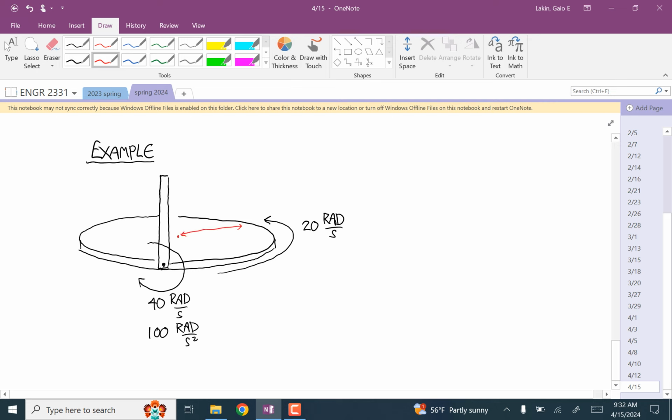So let's say this is 0.01 meters, and this is 0.02 meters. And we want to calculate the acceleration of this point P.